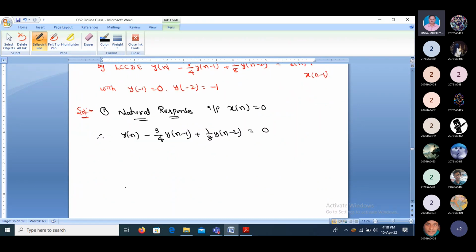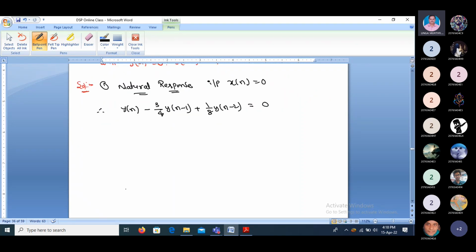One thing you can remember: whenever the system initial conditions are given, you just go to the one-sided Z-transformation.